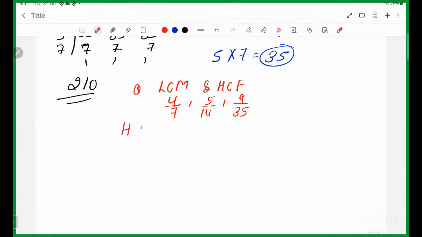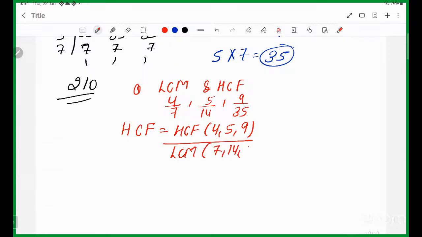If I have to find the HCF, then I will take out the HCF of the numerators 4, 5, 9, and the LCM of the denominators 7, 14, and 35.